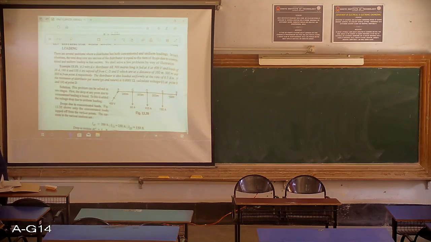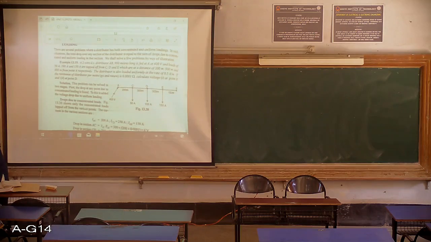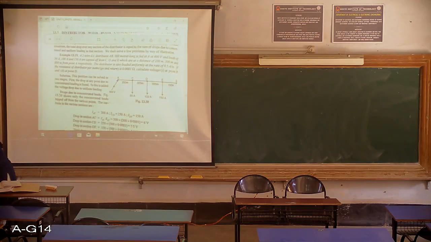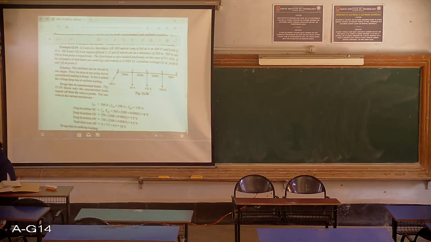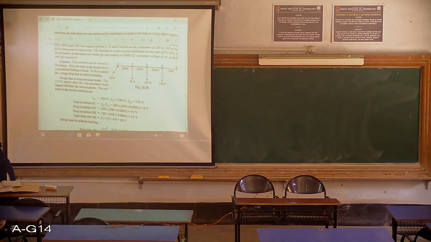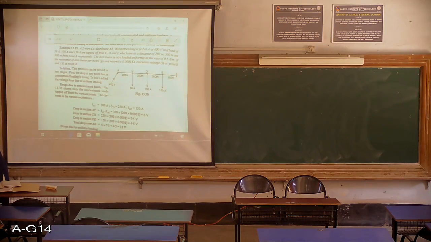First we find the drop at any point, as you have done in the first case. IAC they have given us as 300 amperes, then ICD is 250 amperes. They have told that loads of 50, 100, 150 are tapped off from C, D and E. So what is the total current at A?